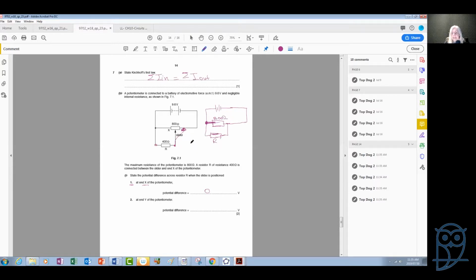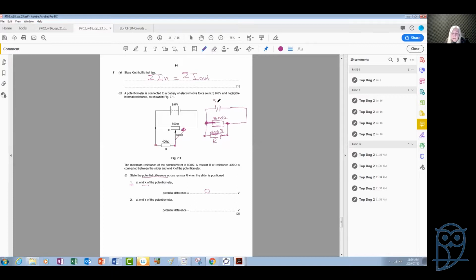So what we have now is like having 2 resistors in parallel, one of 800 ohms, the other of 400 ohms. And what do we need to find? We need to find the potential difference again across resistor R, which is the same as the potential difference across the branch, isn't it? Because this branch has two resistors in parallel, they share a common potential difference across their ends.